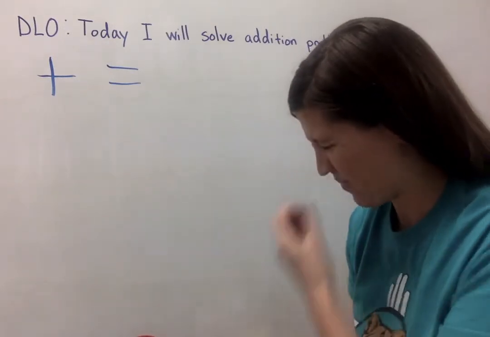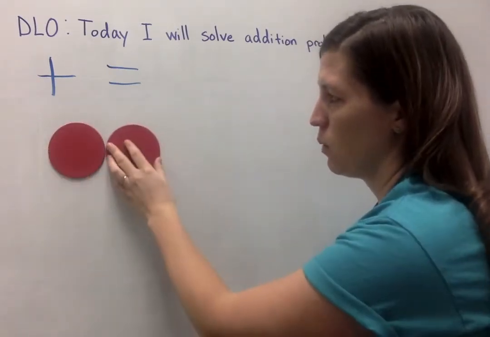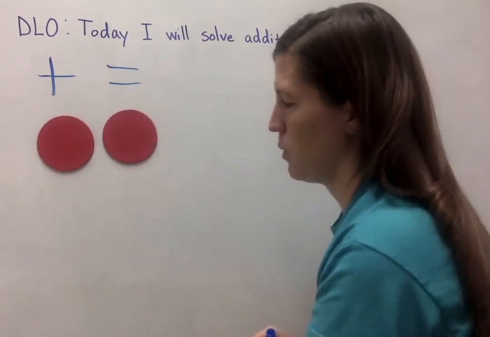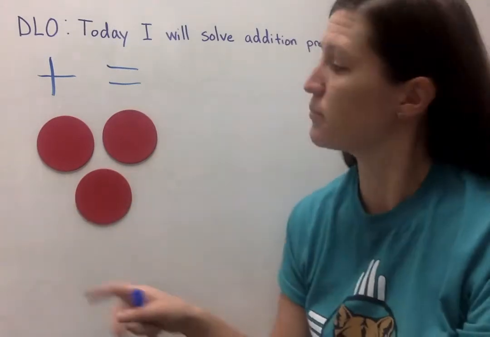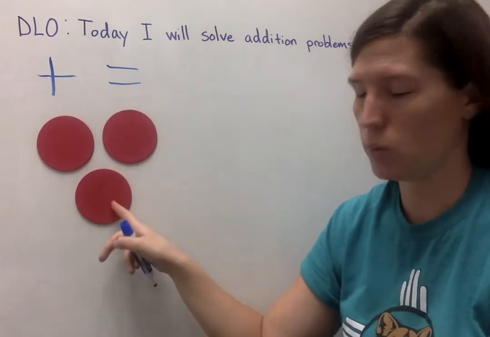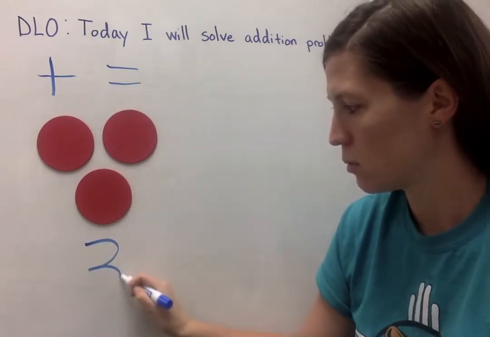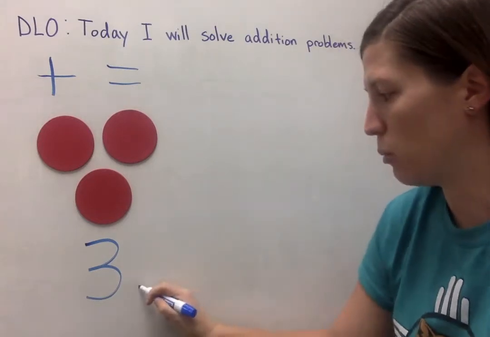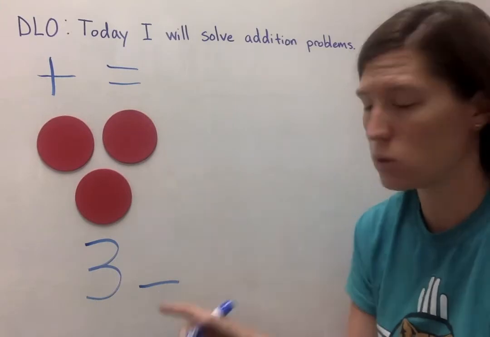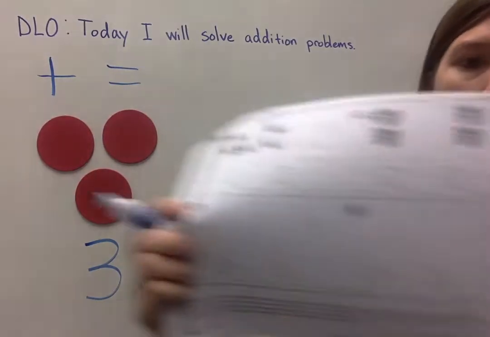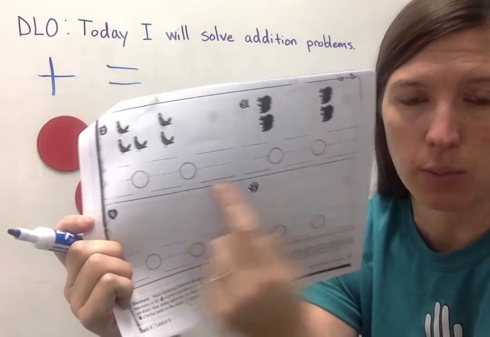Okay, let's see. I'm going to build. One day, I picked up 3 buckets. 1, 2, 3. Now I'm going to write it. I'm going to put a blank. Yours is a circle, but I don't want to get the circles mixed up with 0, so I'll put a blank. On your page, it's number, circle, number, circle, number.